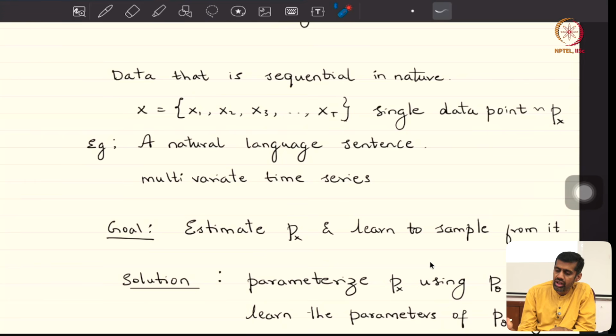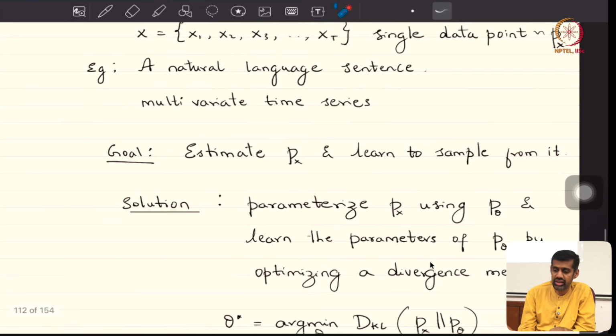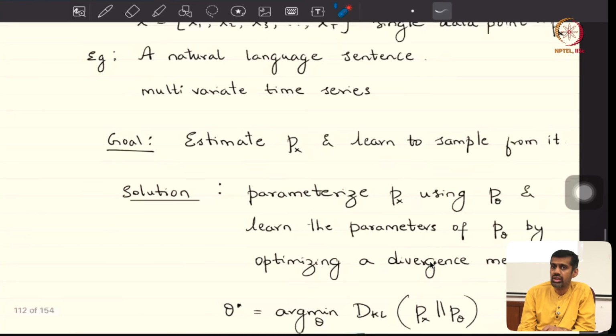Okay. Now, the goal for any ML problem is to estimate the underlying distribution, right, and especially for generative models we also want to understand how to sample from the distribution. So, an auto-regressive model would help do both. It will help you model the underlying distribution and also give a way to sample from it. Yeah, we have already seen this, right.